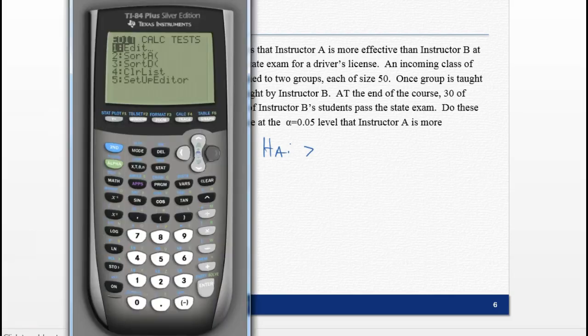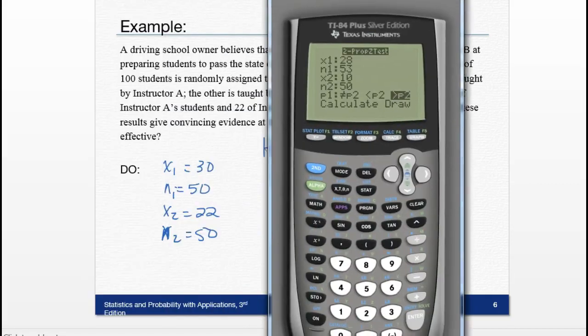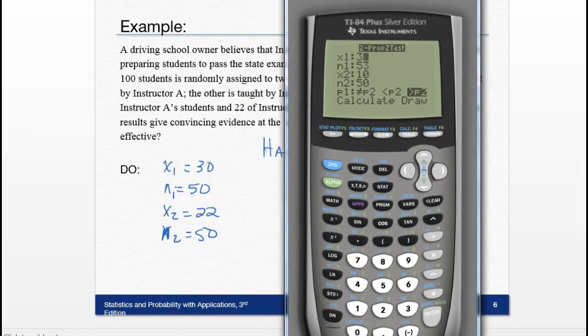So I go to stat, over to tests, and I want number 6. So let's plug in our values. We have 30 out of 50, 22 out of 50, and it is greater than, so I'm going to leave it at greater than and hit calculate. So my z-score is 1.60, okay?